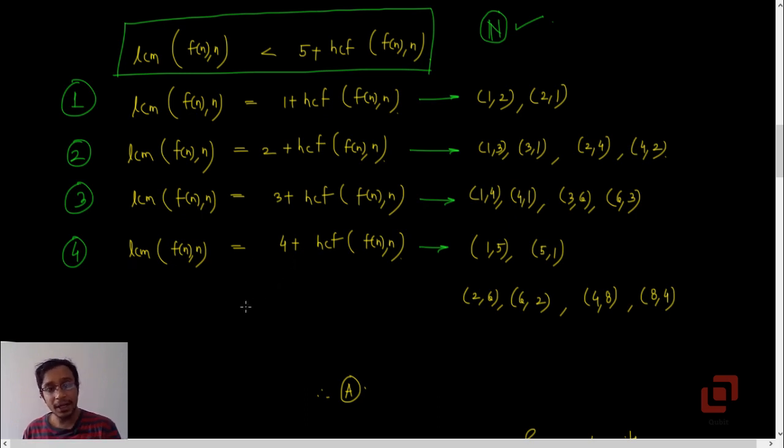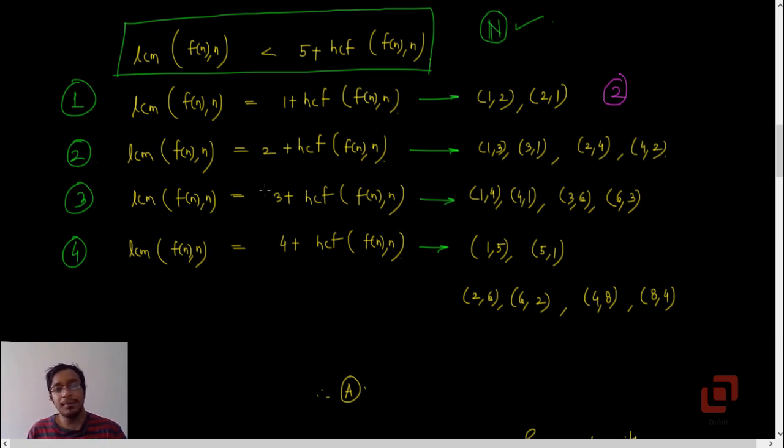And now I have tried to prepare a list of all the ordered pairs of natural numbers which satisfy these individual equations. For LCM equal to 1 plus HCF, there are only two possibilities, 1 2 and 2 1. You can check it for yourselves.